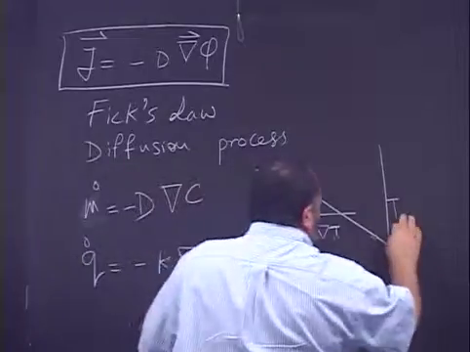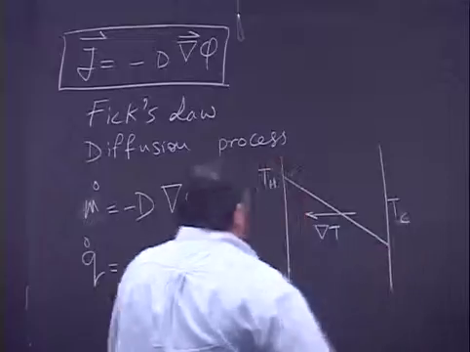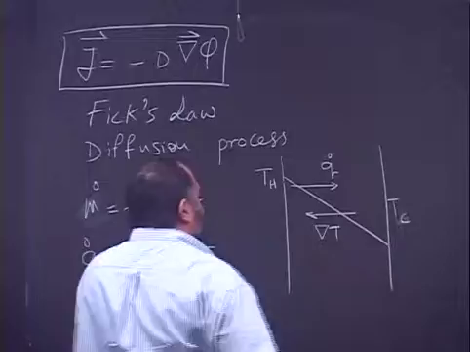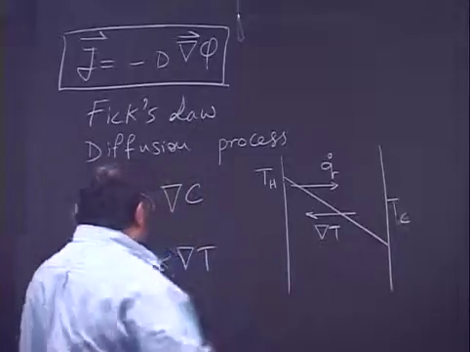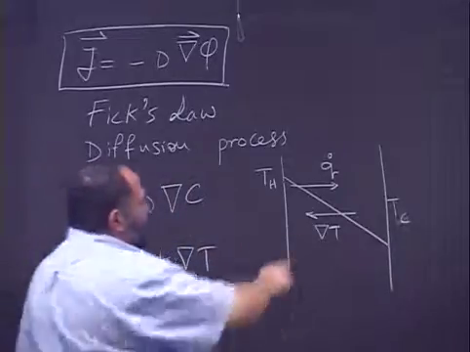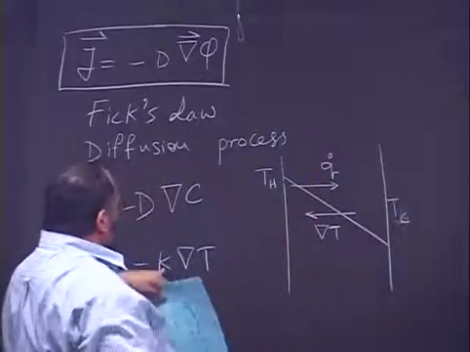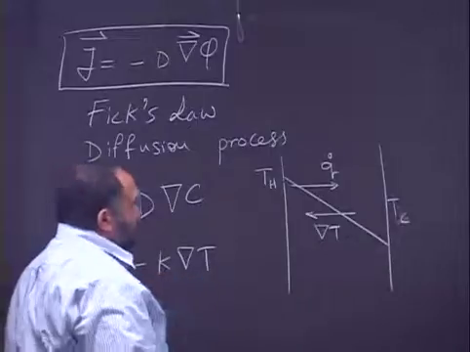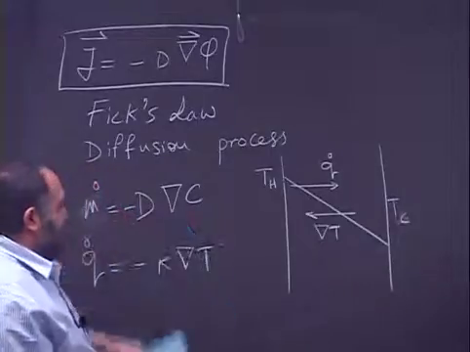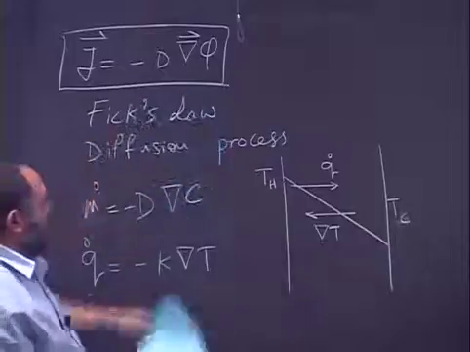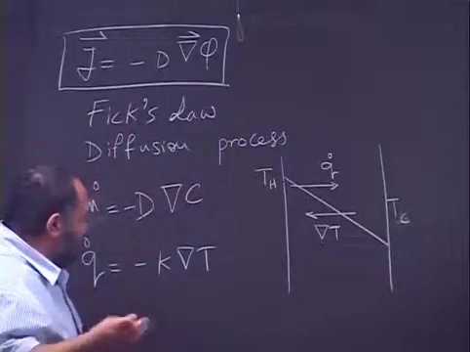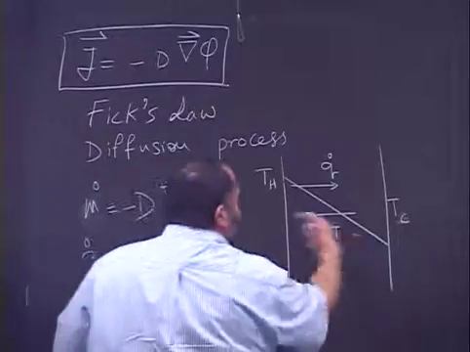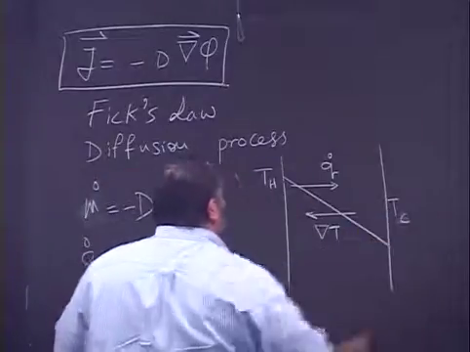So let's call this T cold. So the heat will go in the opposite direction. So this is why we have the negative sign. And usually Q dot will be equal to some heat diffusivity, and this is what we call the heat diffusion, which is the same like mass diffusion or the neutron diffusion and so on. So it's a similar phenomenon, and it will be opposite to the direction of the gradient. So if you have the gradient this way, the heat flow will go this way.